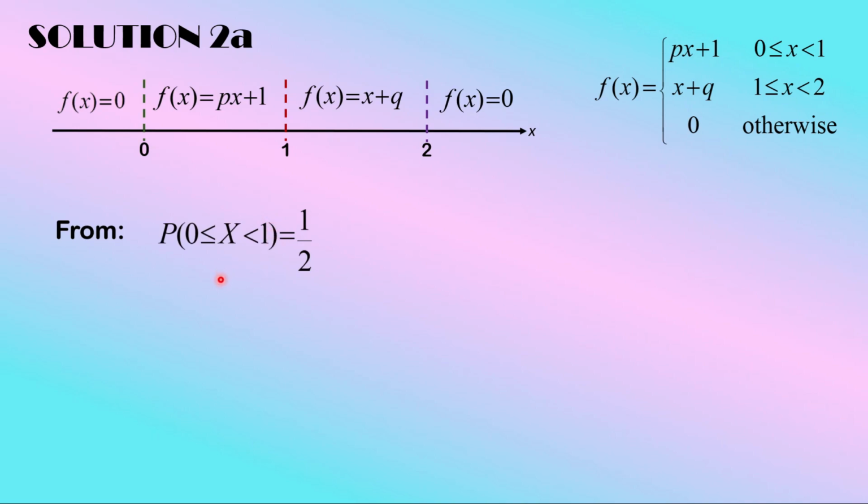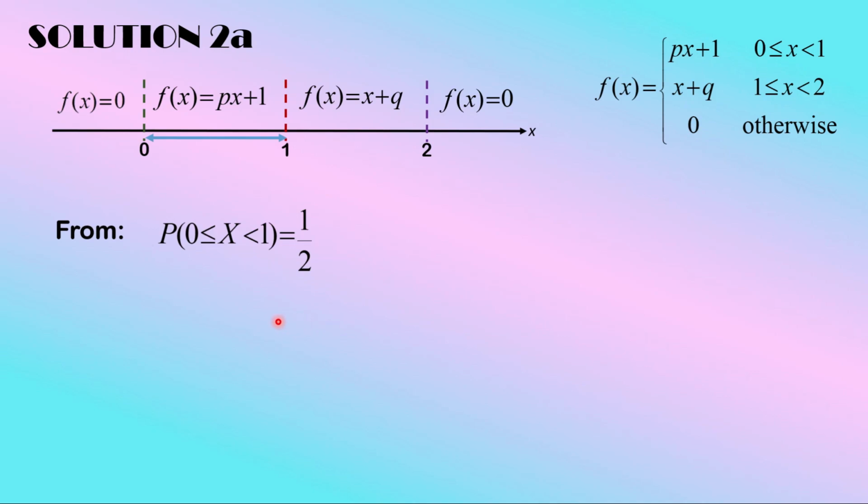Here is the given information. The probability of random variable x from 0 to 1, not including 1, is equal to 1 over 2. Look at the blue arrow on the number line. The blue arrow represents the probability 1 over 2 from interval 0 to 1.